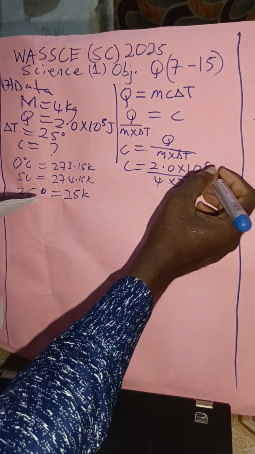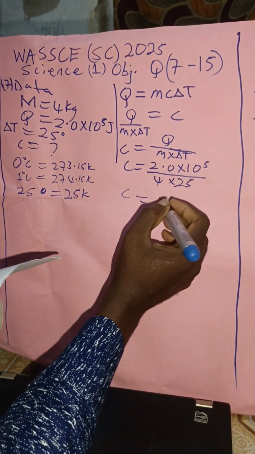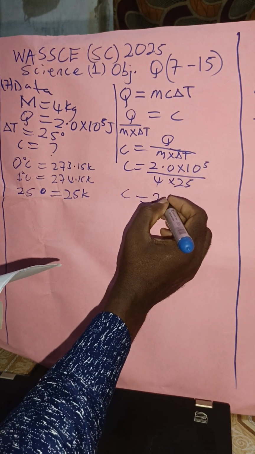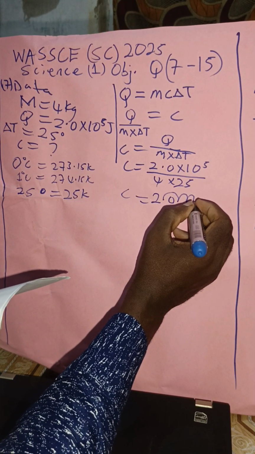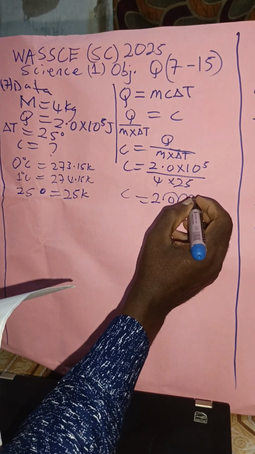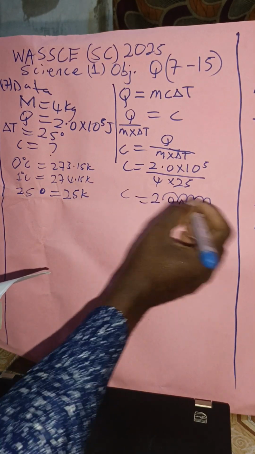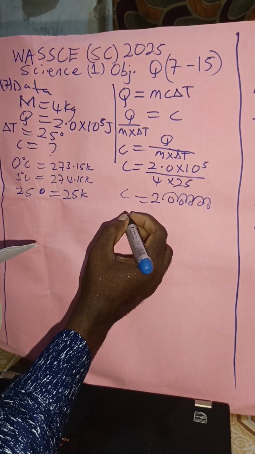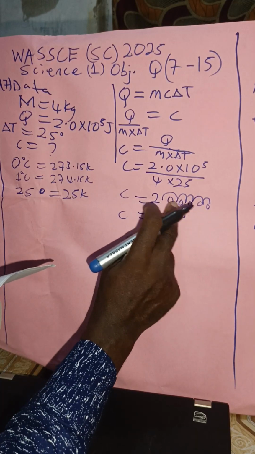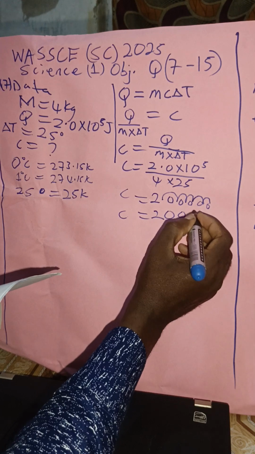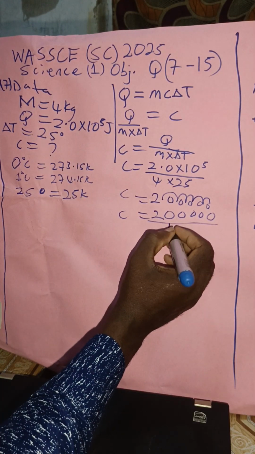So we proceed. We can change this standard form to a whole number. C equals 2.0 times 10 to the power of 5, so we move the decimal 5 places, giving 200000, divided by 4 times 25, which gives 100.